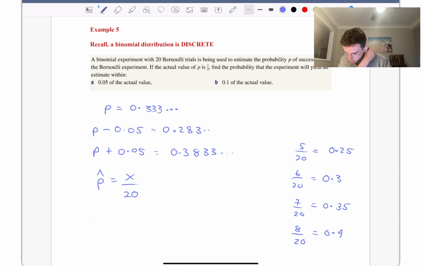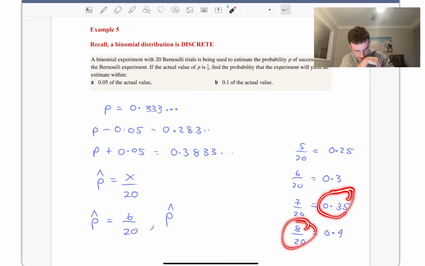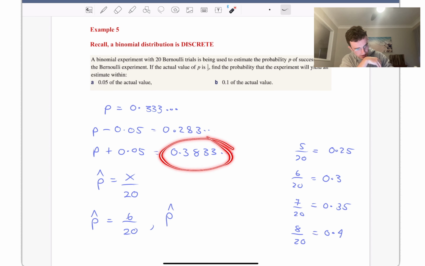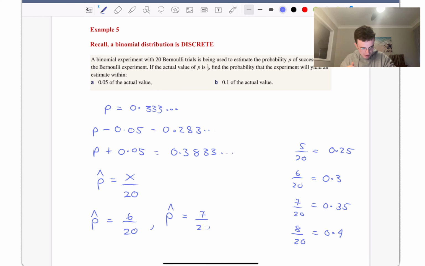So we're going to choose p hat equals 6 on 20, or p hat 7 on 20 is 0.35, and 8 on 20 is 0.4, which is too big. So we're looking between x is 7 and x is 6.